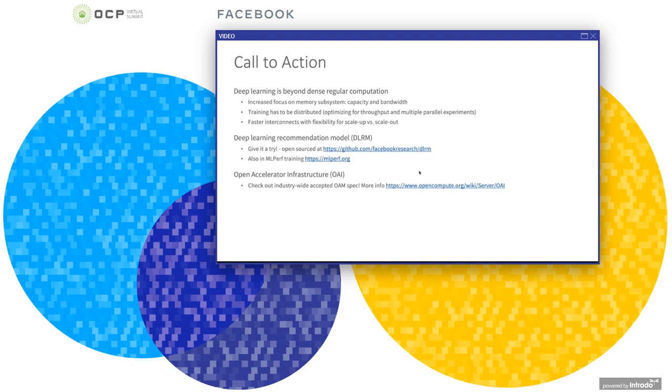Additionally, anything that we do at Facebook, the systems are designed in an open way. We contribute back to the OCP community, and systems we design for training, Zion or anything further, will be contributed back. And we again invite you to look at the OAM or the OAI specs, which are basic building blocks for our systems.